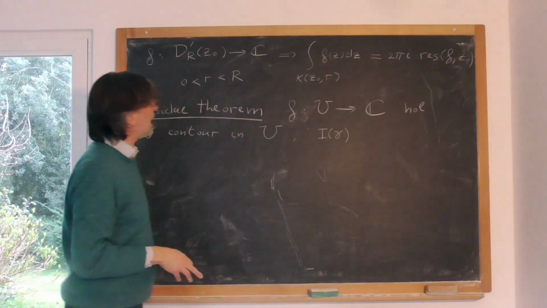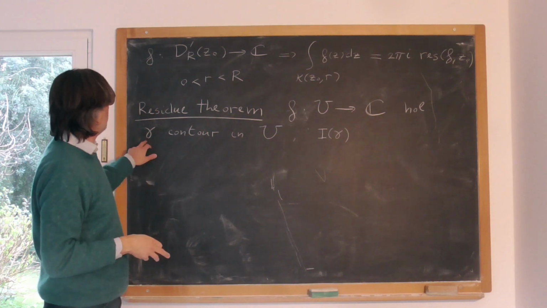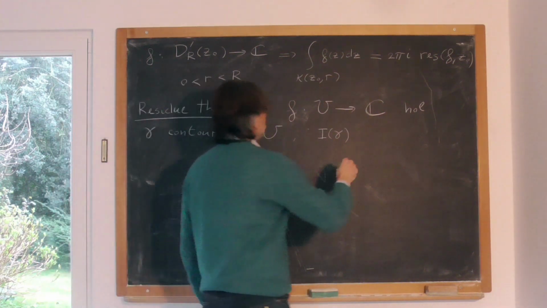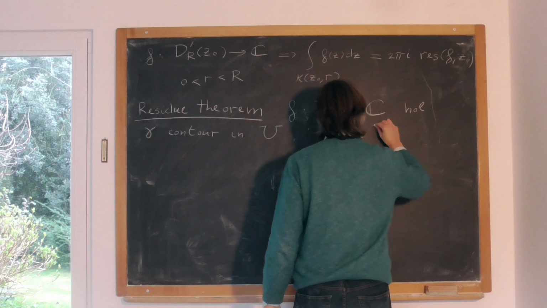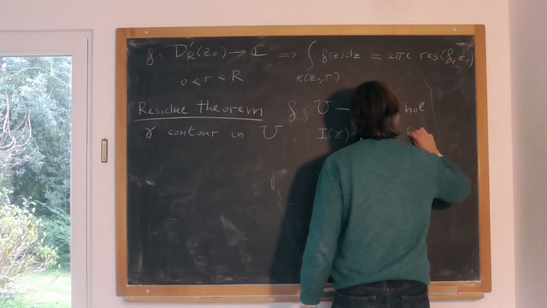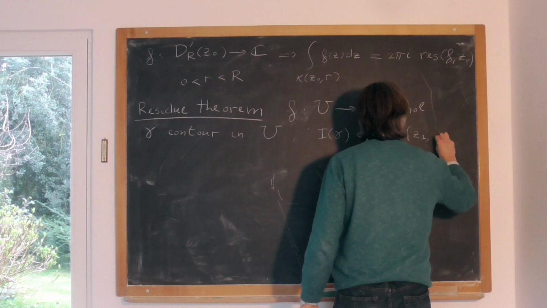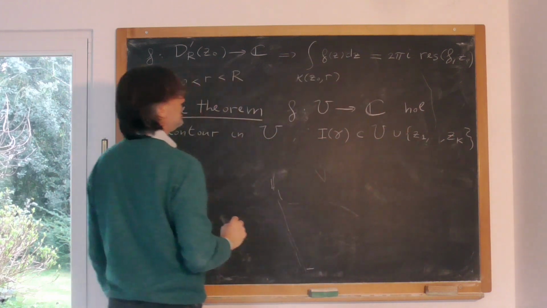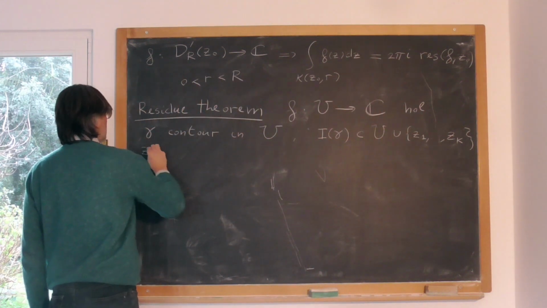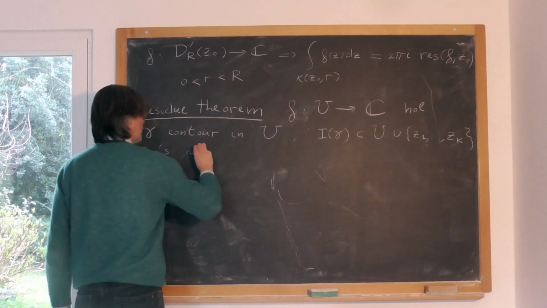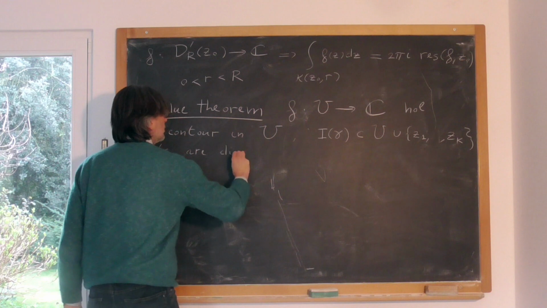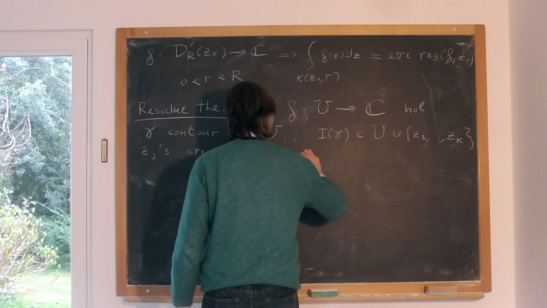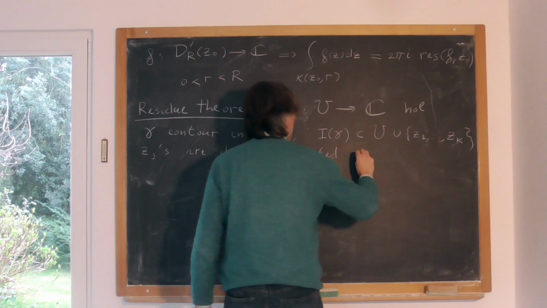This is what we denote by I gamma. This is the bounded region bounded by the contour gamma. So we assume that this interior is contained in U union a finite number of points, which will be isolated singularities for f. So it's U union {z1, ..., zk}, where the zj's are distinct points, so pairwise distinct, isolated singularities.